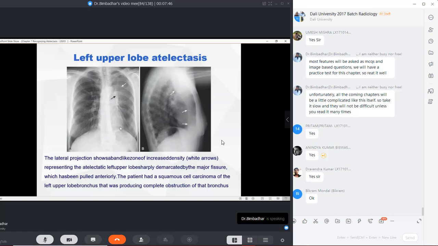Okay. So here you have to understand the leveling of the diaphragms at the same place. Both the hemidiaphragms reach the same place, particularly in case of left upper lobar atelectasis. That is how you should remember this.